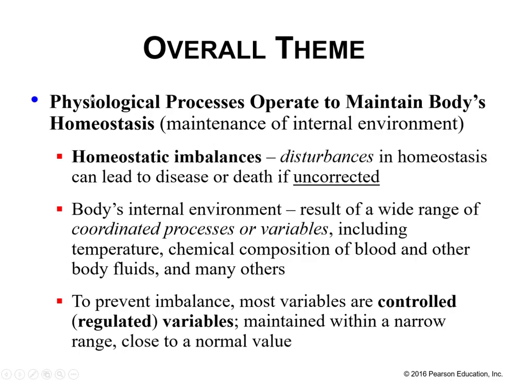So the overall theme is that physiological processes operate to maintain our body's homeostasis, and homeostasis is where our body wants to stay, and any disruptions in this will be brought back to set point and regulated by our nervous and endocrine systems.